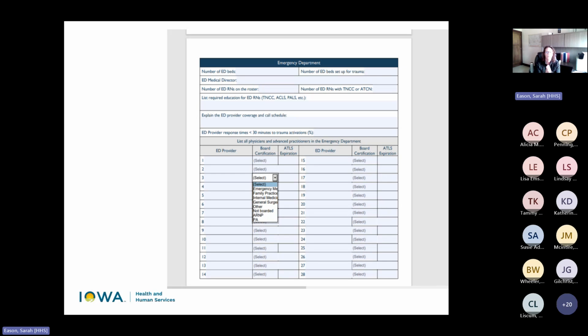Again, not required in level 4 facilities, but if your surgeon has had ATLS at least once, if they are the surgeons that are responding to your trauma patients. So again, that's why I say not required in level 4s, but level 3s, if you do have your surgeon response, they must have had ATLS at least once.